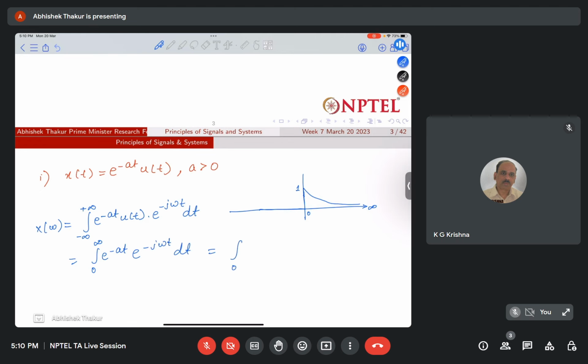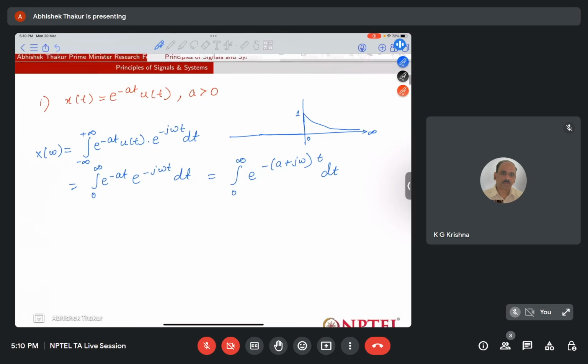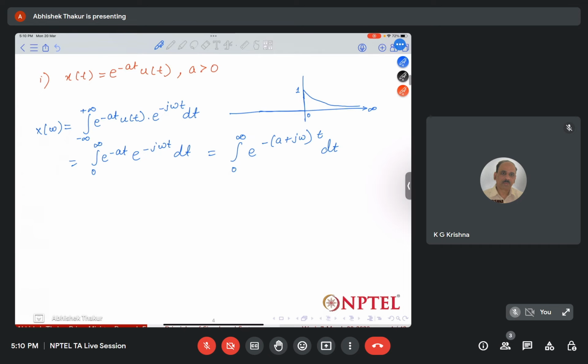In the next step, we can write it as e to the power of minus (a plus j omega) t, taking t common. Now this integration is very simple. We can write X(omega) is equal to minus 1 by (a plus j omega) times e to the power of minus (a plus j omega) t, and the lower and upper limits are 0 and infinity.